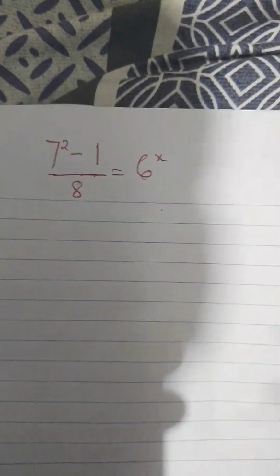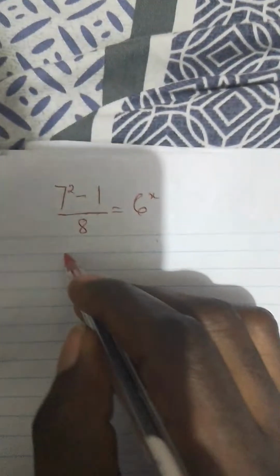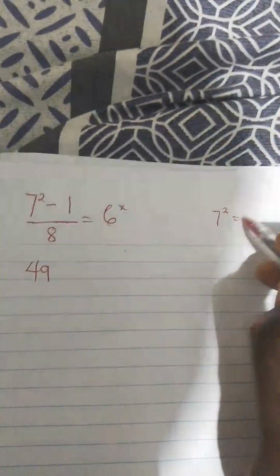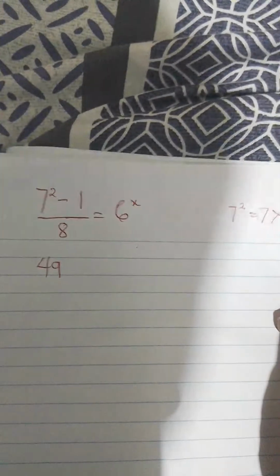So we all know that 7 squared is the same as what? 7 times 7, and that is 49.